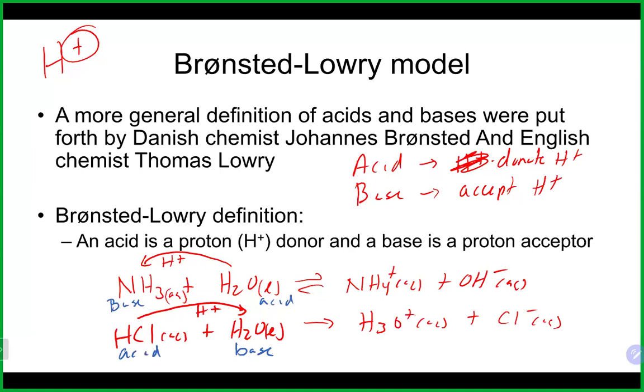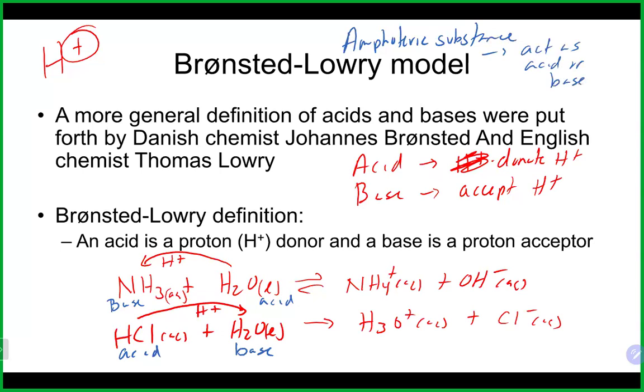Water in this case, as you can see, can act as an acid or a base, and those are things that are known as being amphoteric. So an amphoteric substance is something that can act as an acid or a base.